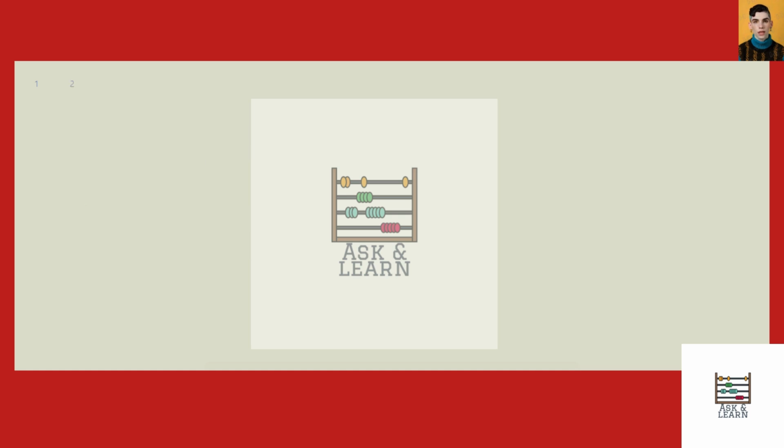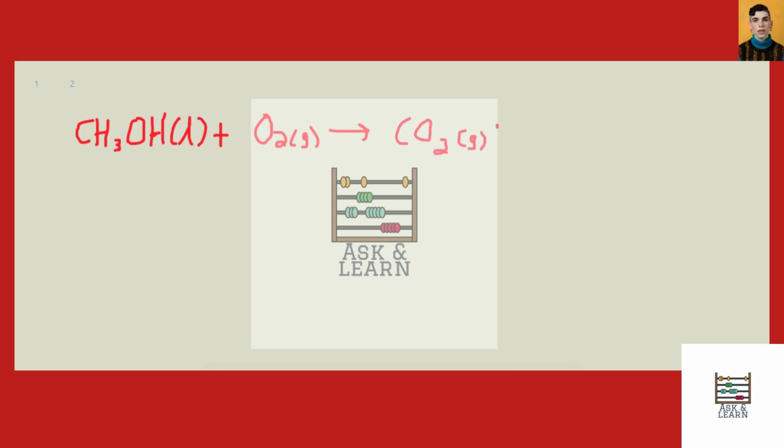I'm just going to open a new tab to give it some more space. Liquid methanol is going to react with oxygen, produce CO2, and produce water, but in its gaseous form, not its liquid form.